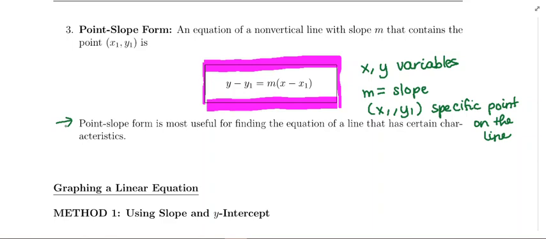Or you may be told the line you're looking for goes through the points -8, 2 and 119. So your line meets certain characteristics, and what you would do is plug into this point slope form in order to come up with the y equals mx plus b equation of the line. All right, so you've got to know all three formats for the equation of a line.